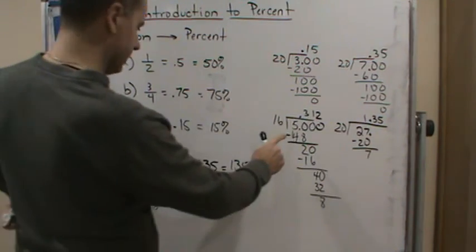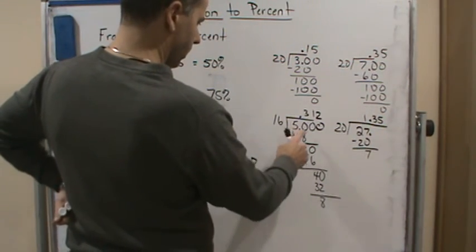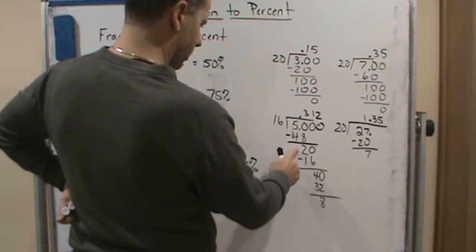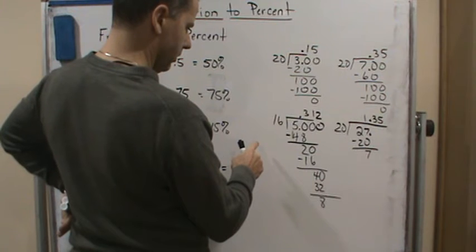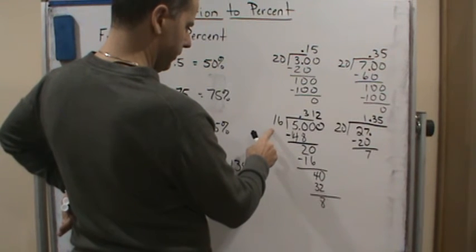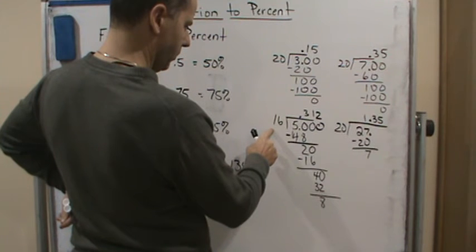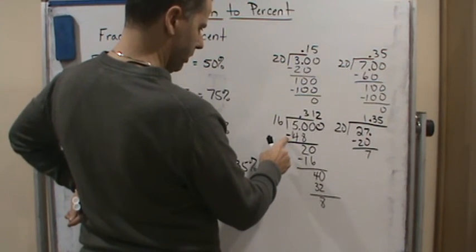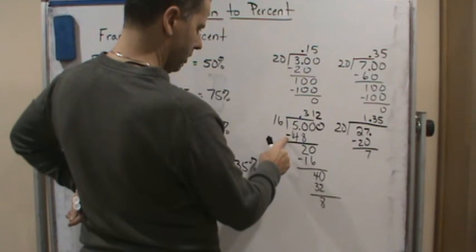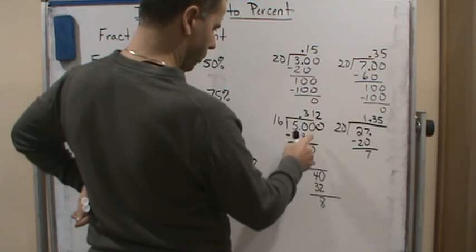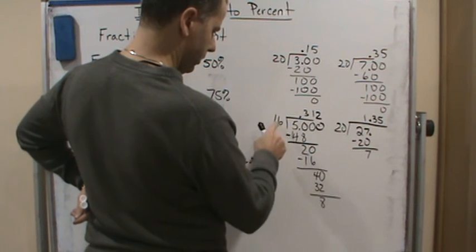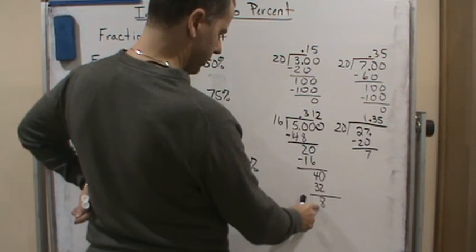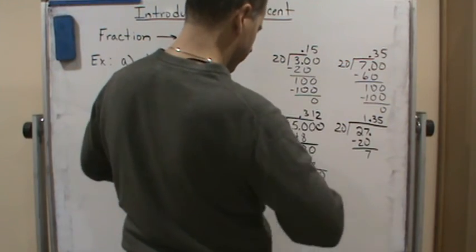Let me just double check. 5 divided by 16. 32, 48, so 3, 2, 0, 1, 4, 2, 32, 8, 0.